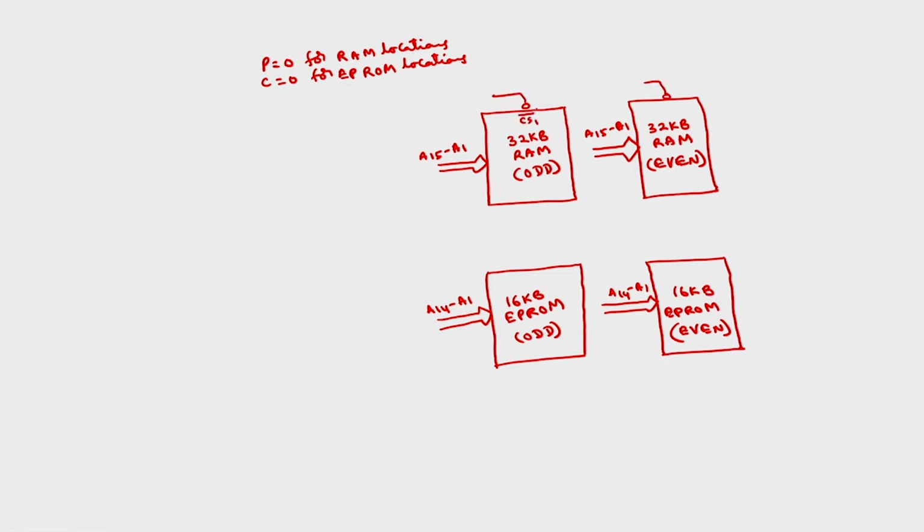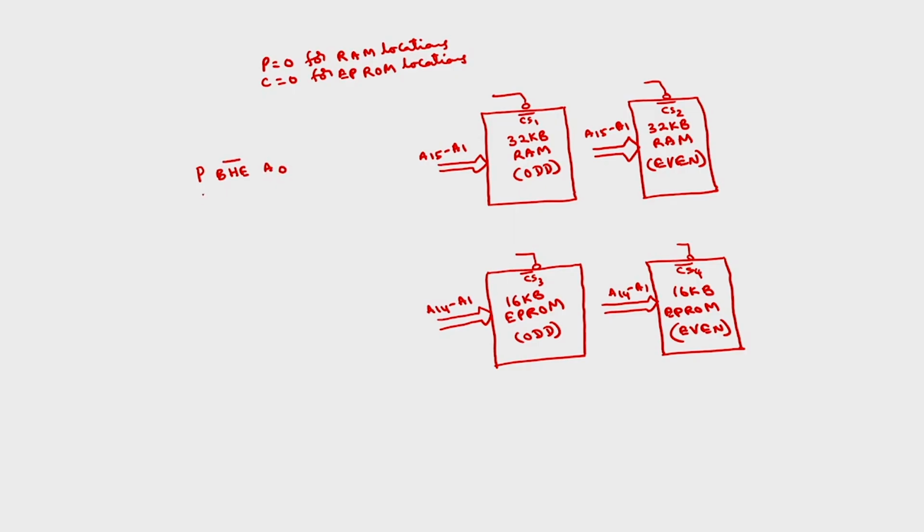Chip select 1 bar, chip select 2 bar, chip select 3 bar, chip select 4 bar. So how to select chip select 1 bar? For chip select 1 bar, it should be the odd bank of RAM. So P, BHE bar and A0 will decide this CS1.